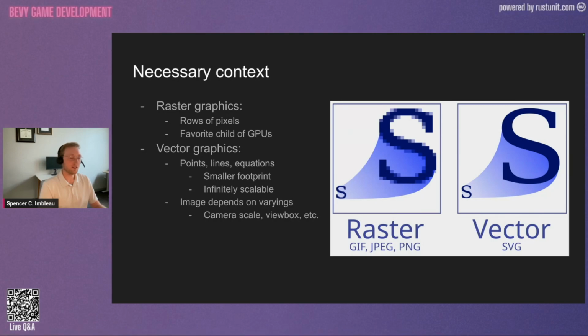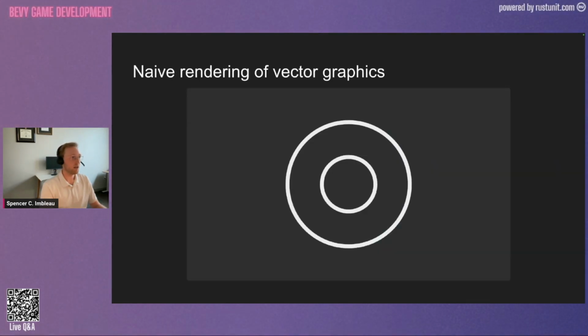It's infinitesimally precise at any scale. And the image is derived through varyings. Varyings are like your camera scale, the view box, the section of the image you want to actually look at. But in order to derive the final image, you need to do some computation.